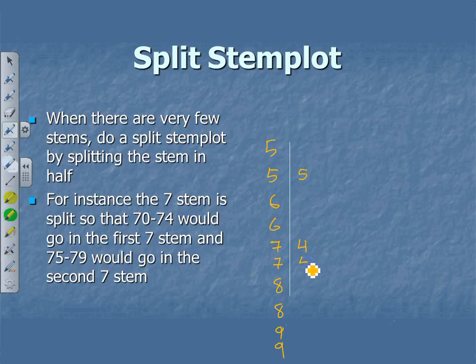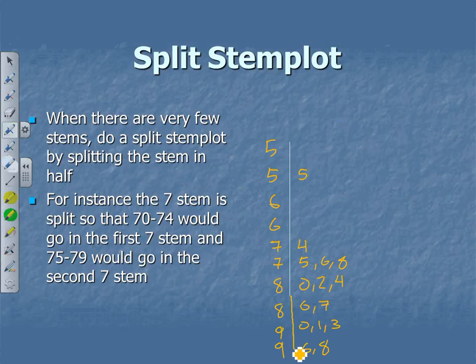Then 75, 76, 78, 80, 82, 84, 86, 87, 90, 91, 93, 96, 98, just like that. This would be a split stem plot.